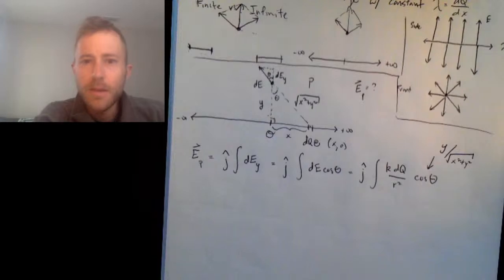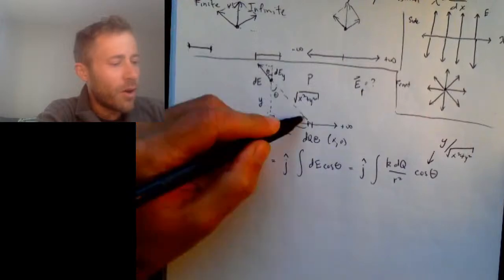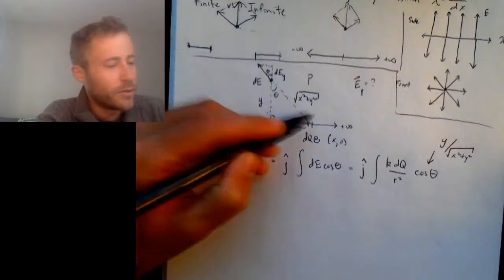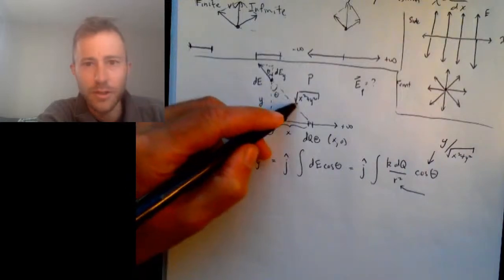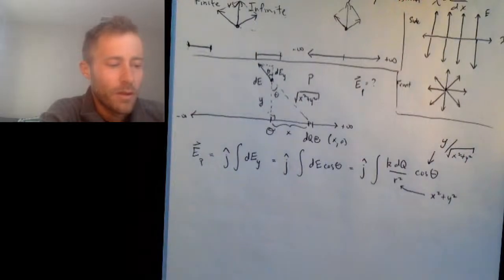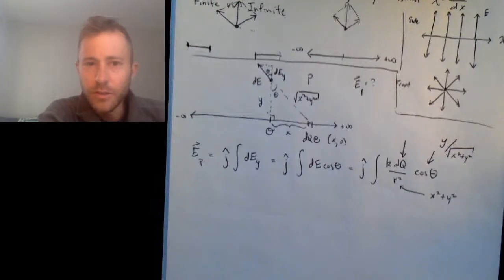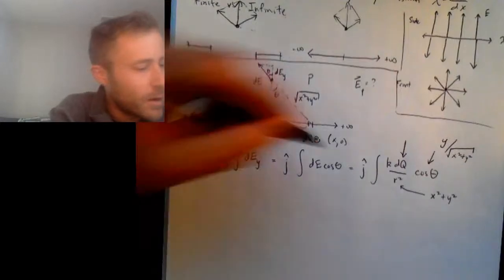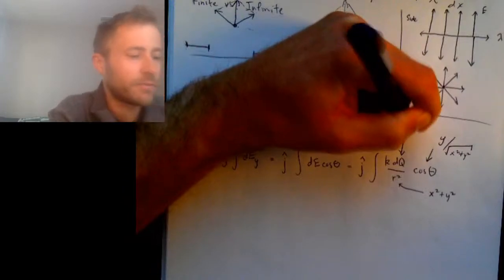Furthermore, I know that r, the distance from dq to the point P, is square root of x squared plus y squared. That means r squared gets rid of that square root. And then I know that dq is lambda, which is a constant, times dx.